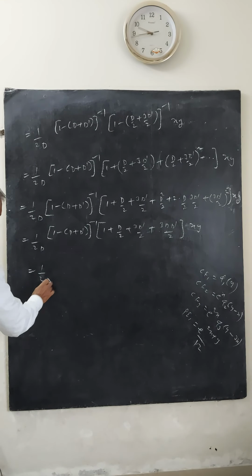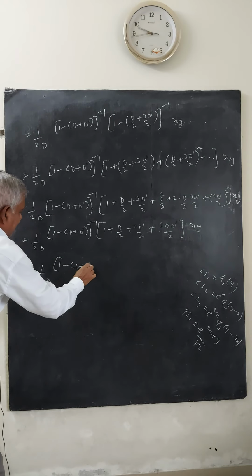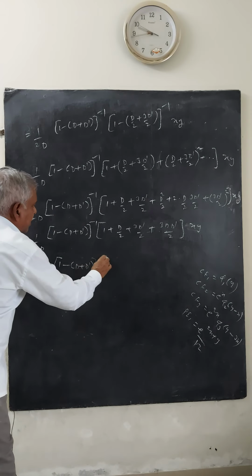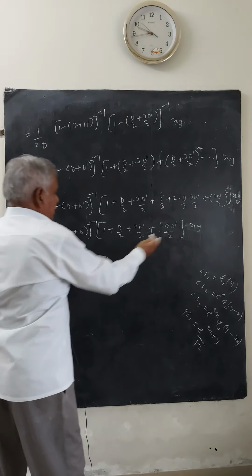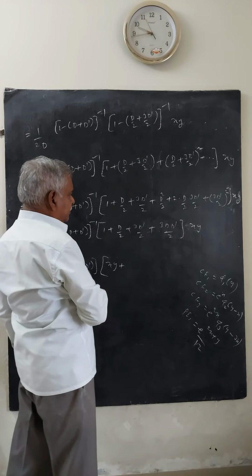1/2 [1 - (D + D')]^(-1), you bring inside xy.